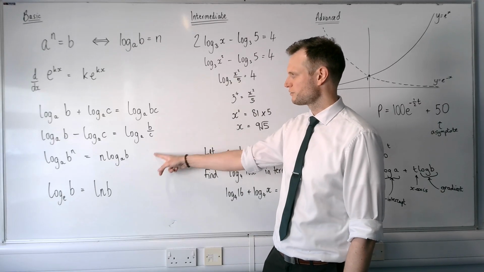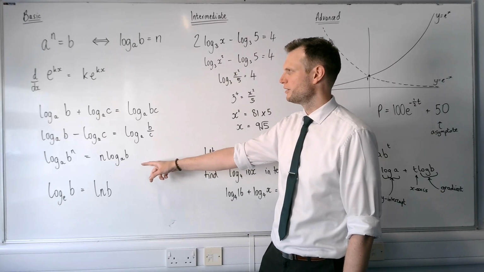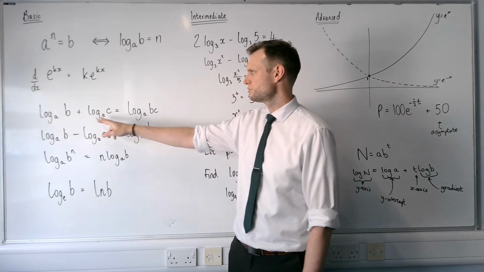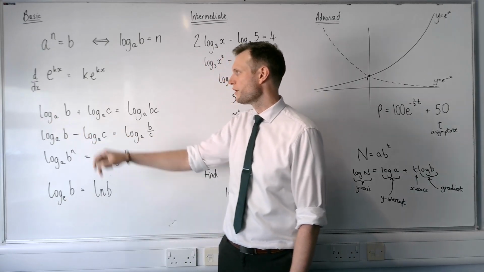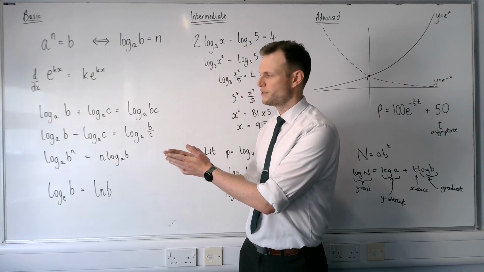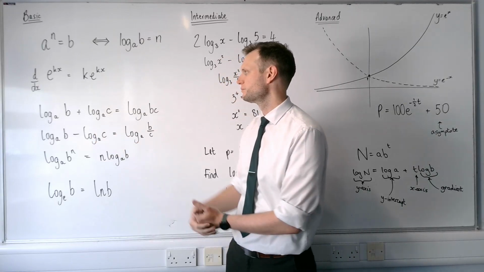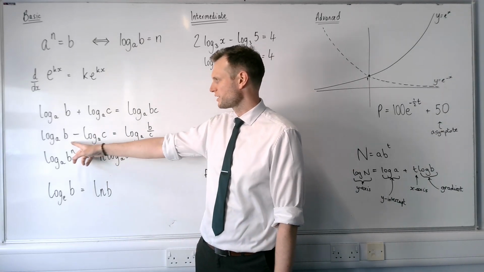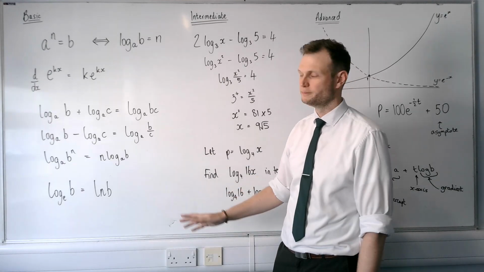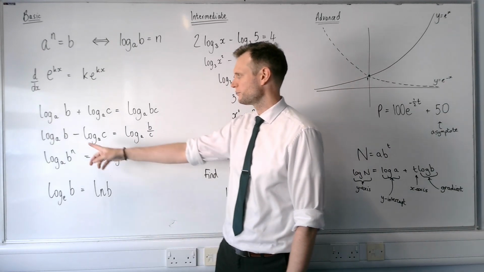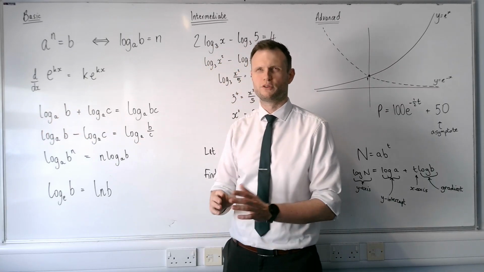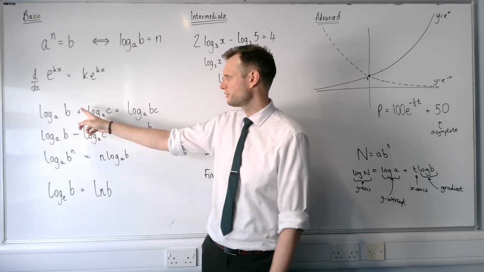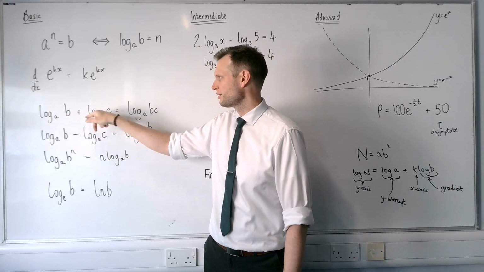These are your laws of logarithms. So if you are adding together two logarithms with the same base and the coefficients are both 1, then you can just multiply the b and the c together. If you are subtracting them, then divide the b by the c. Again, I'll point out the coefficient needs to be 1. You can't have one of these say 2 and the other one say 1.